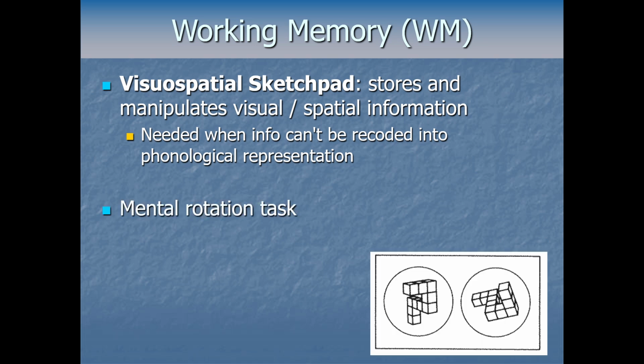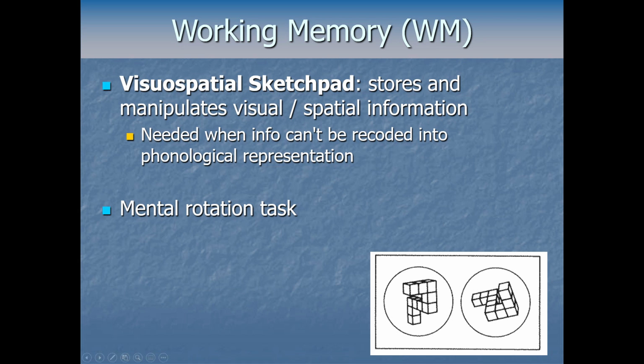For example, the famous mental rotation task. You might have seen something like this on an intelligence test or a fun online quiz, but basically you're shown some blocks in a particular orientation in 3 dimensions for the harder version, and then you're shown some comparison objects and you have to decide whether the comparison is a rotated version of the original object or a different shape.